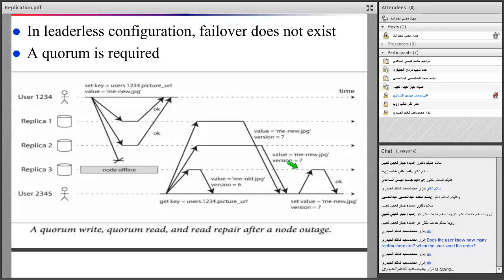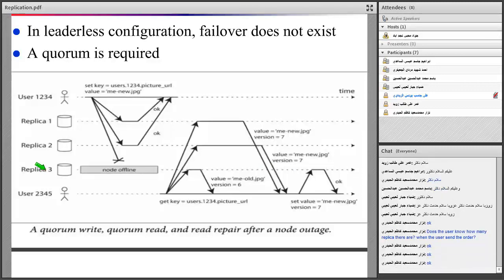Okay, so we can see after some time, replica 3, such as the other replicas, can get the latest information and update its information. Okay, is it clear?